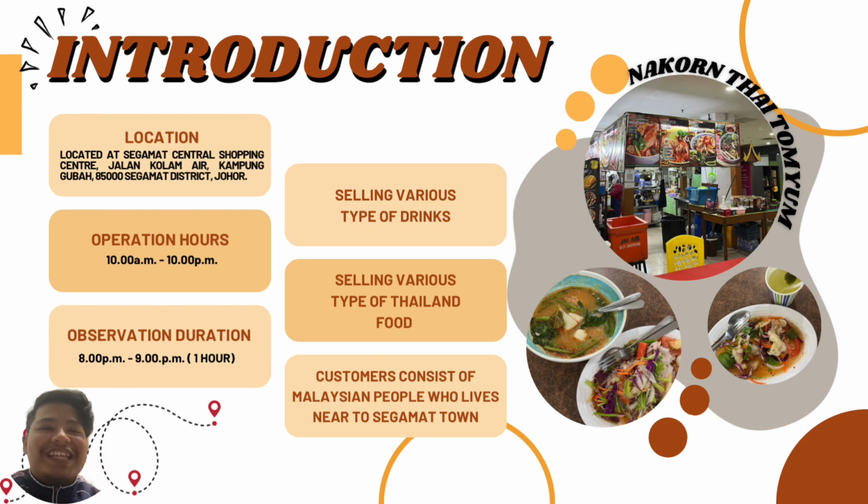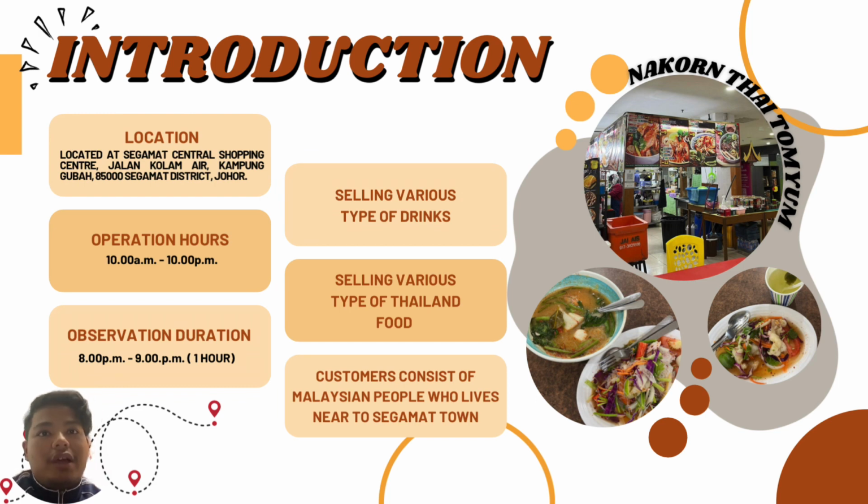So, for this assessment, our group has chosen Nakorn Tomyam, which is located at Segamat Central Shopping Centre, Jalan Kolam Air Kampung Gubah 85000, Segamat District, Johor.